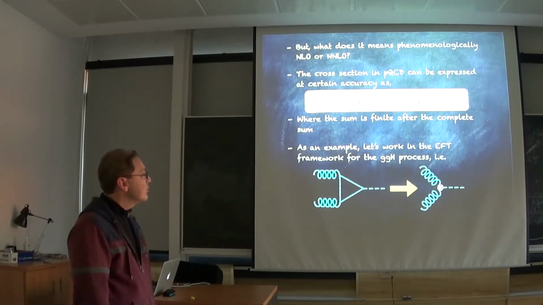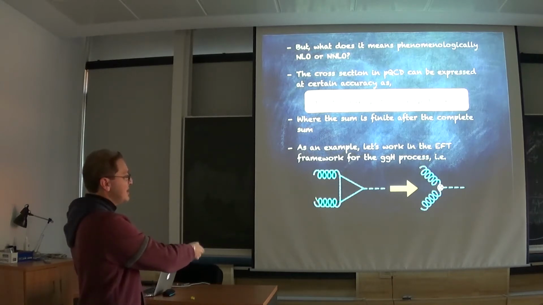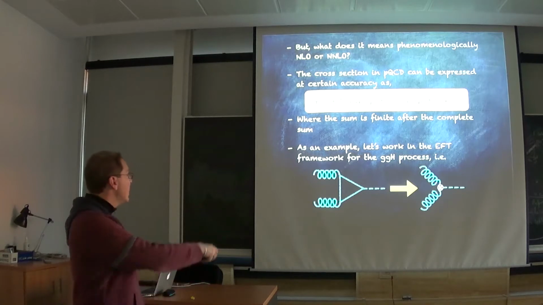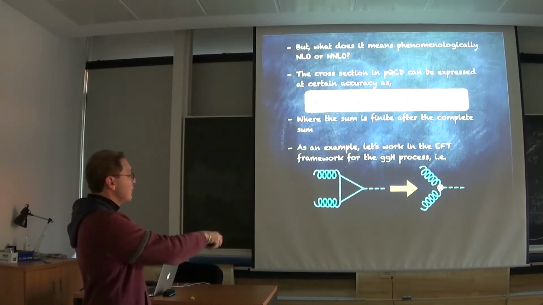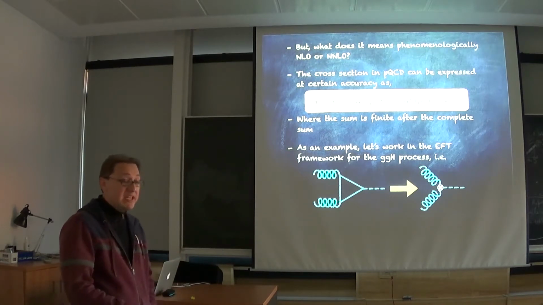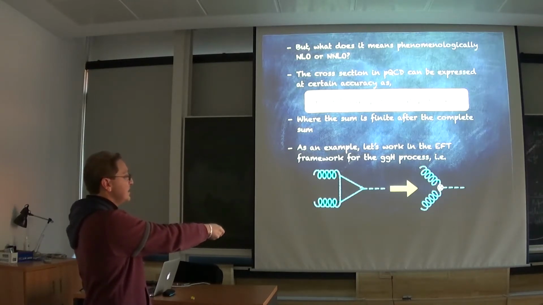Let me just say that, for instance, this is the main process for the production of the Higgs at the LHC. I have said several times that the LHC is a gluon machine. Then you have to pass through, remember, this is the Yukawa, right?